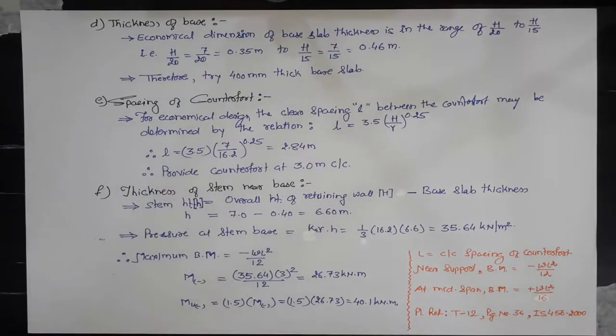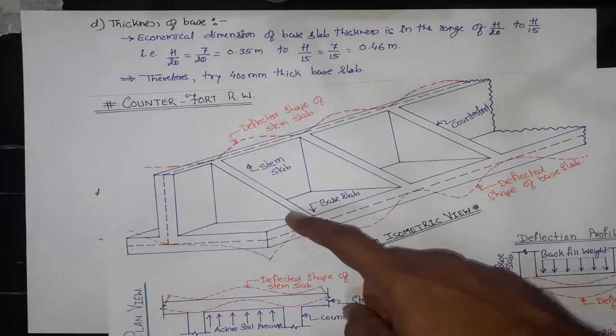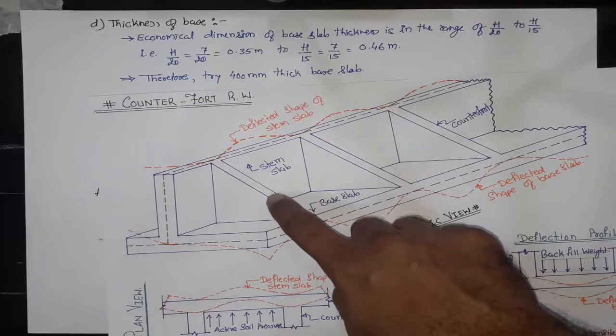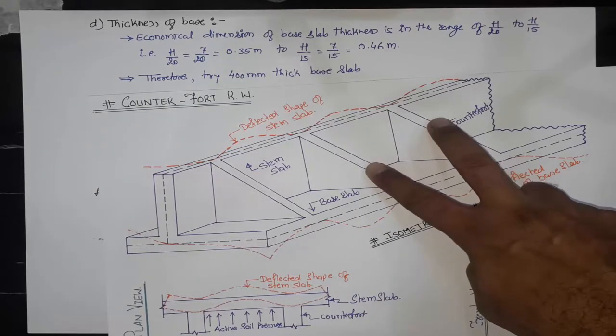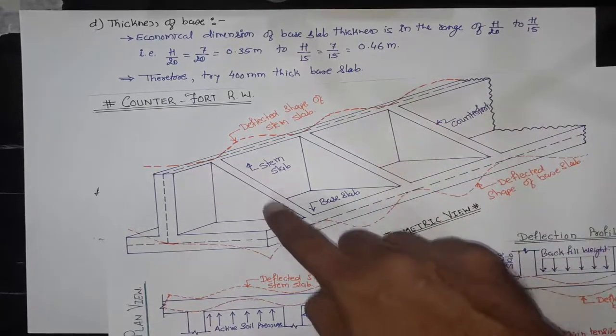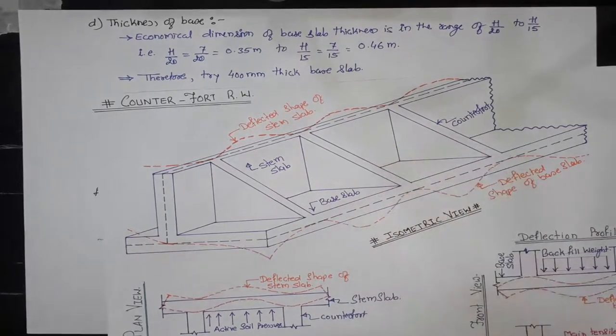Therefore, provide 3 meter as center to center distance between the counterforts. This means that we have a distance between these two counterforts as 3 meter, and these two counterforts as 3 meter and so on. Means the distance between counterfort to counterfort is 3 meter.